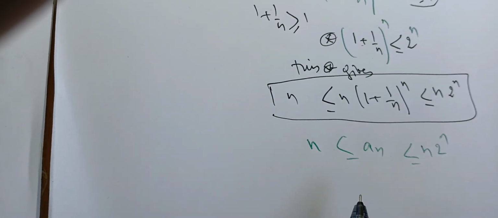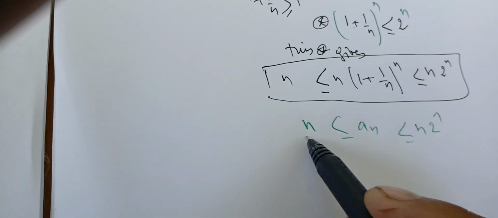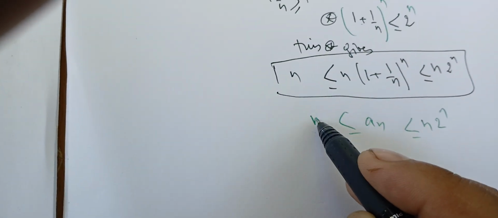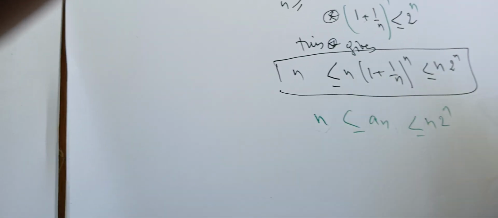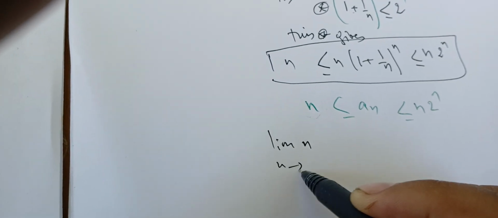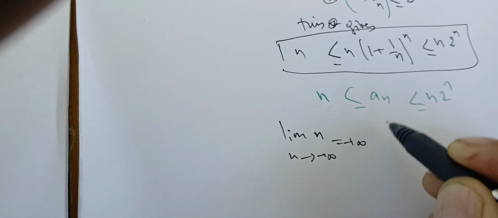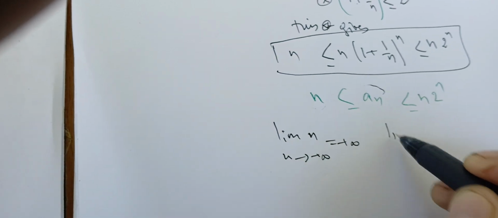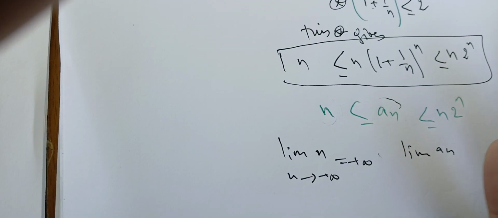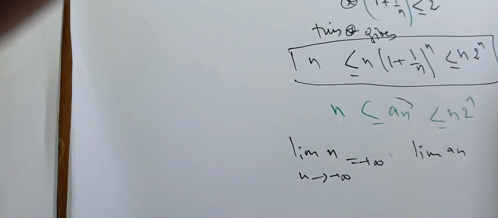Now what's the limit of this one? As n gets bigger, n gets bigger. The limit of n as n goes to infinity is infinity, and therefore this limit here is bigger than infinity. What other value can it get besides infinity?